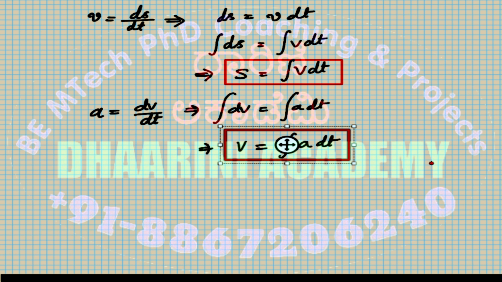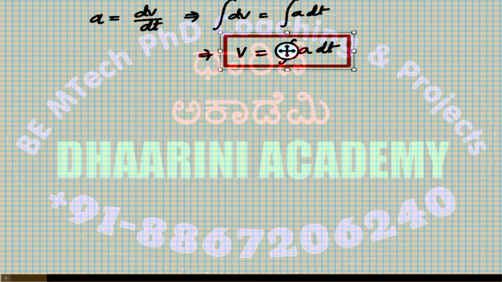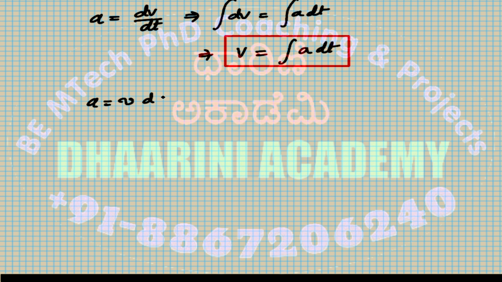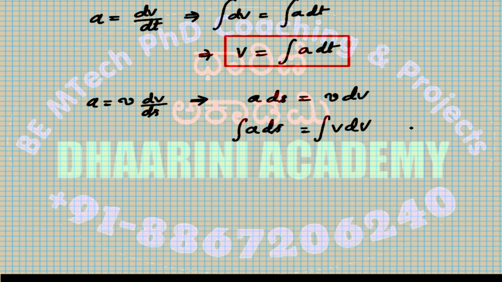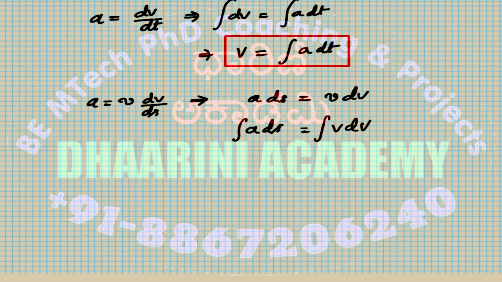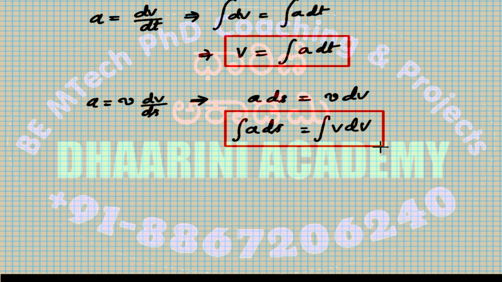Right. I can actually use another function here, that is the third equation. We actually wrote another equation that is acceleration is equal to v times dv by ds. From this I can actually write a times ds should be equal to v into dv, right? So taking integration on both sides, integral a ds is equal to integral v dv is the third equation, right, which uses integration.